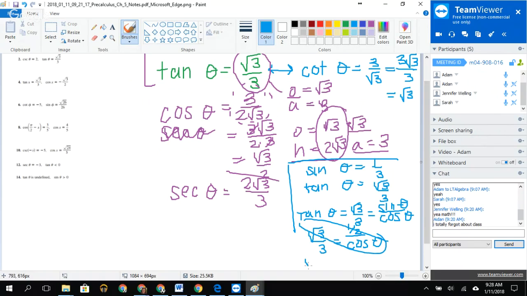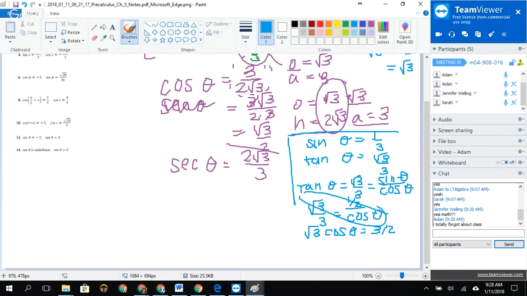So if I did square root of 3 cosine of theta equals 3 divided by 2, then I end up with the cosine of theta equals 3 divided by 2 square root of 3, which is where we were back up here. And then we can simplify that a little bit.